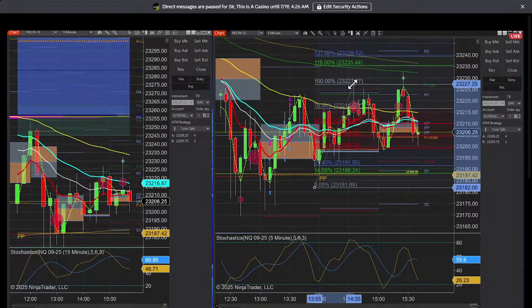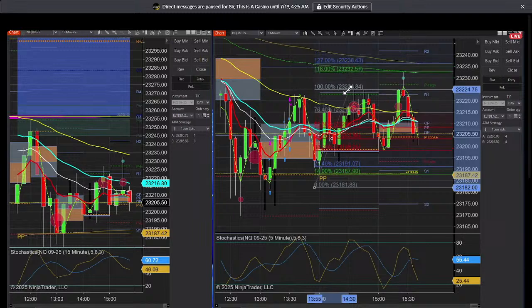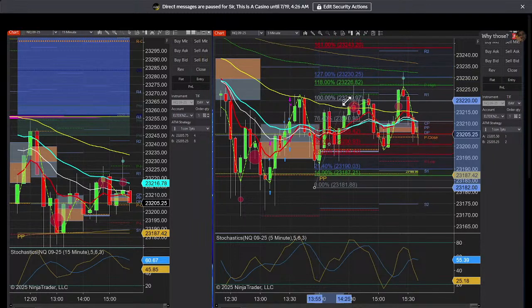Now I gotta move this back up. And then your buys are when price breaks, whoops, that's not the 118. Your buys are when you break the 118, and your sells are when price would break below the 14.